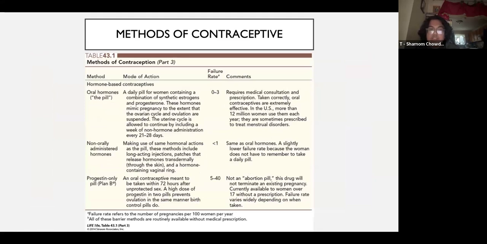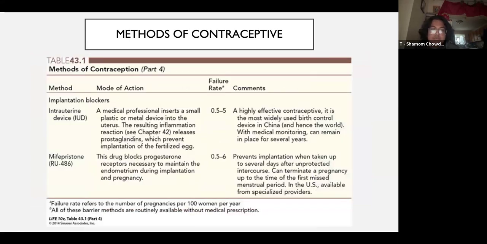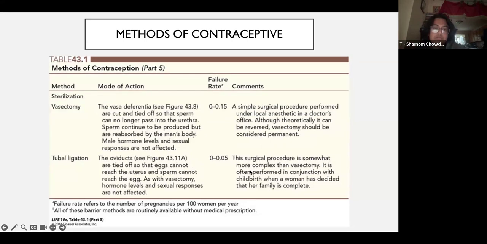There are also hormone-based methods, so oral hormones, and non-oral hormones, which are like patches. Then there's also Plan B. They all have varying success rates. And then there are IUDs, and a drug, mifepristone. For these, you just have to know that there are lots of methods that try their best to prevent pregnancy as much as possible.